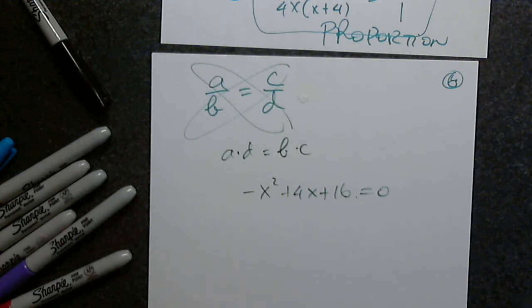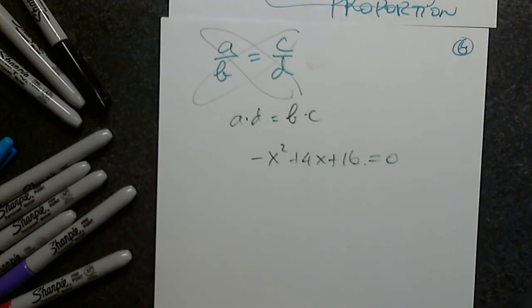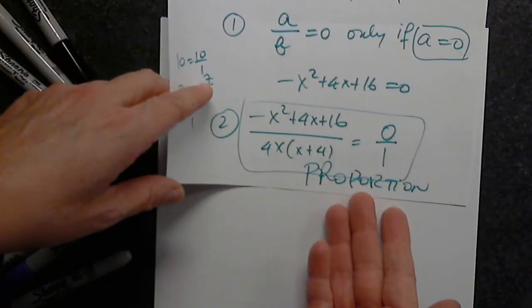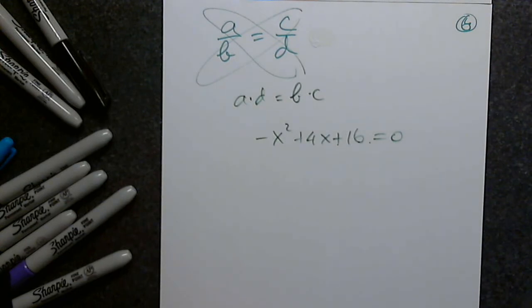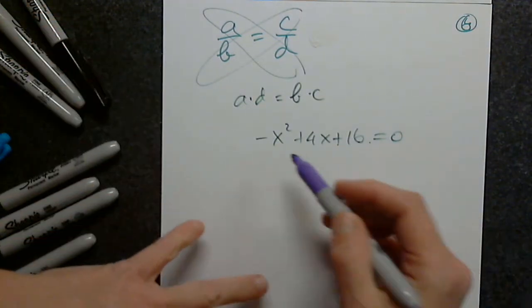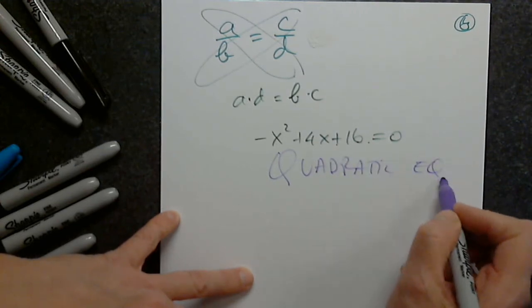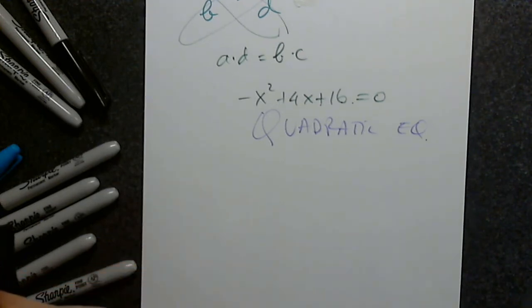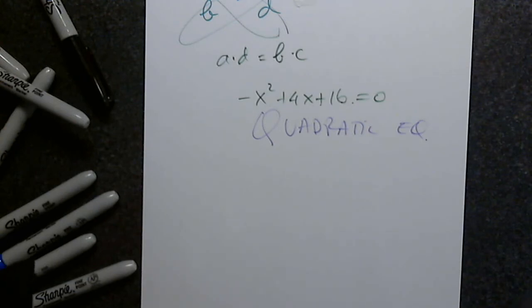Okay, so now this is a what type of equation? We started with a rational. We changed it into a rational but special type, a proportion. But now I have this equation. Quadratic, awesome. Good. I see a quadratic equation with a negative leading coefficient. I refuse to solve a quadratic equation with a negative leading coefficient, so I will multiply by negative 1.